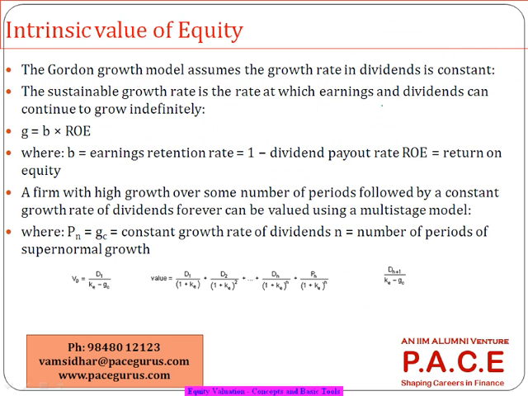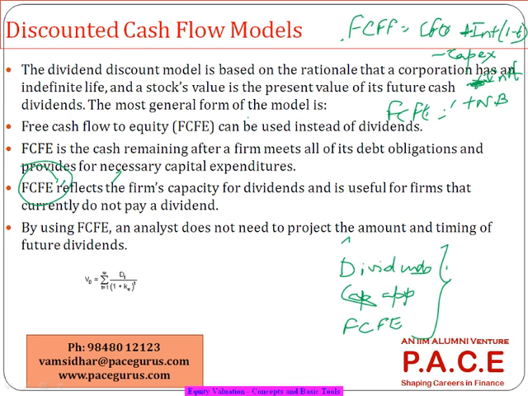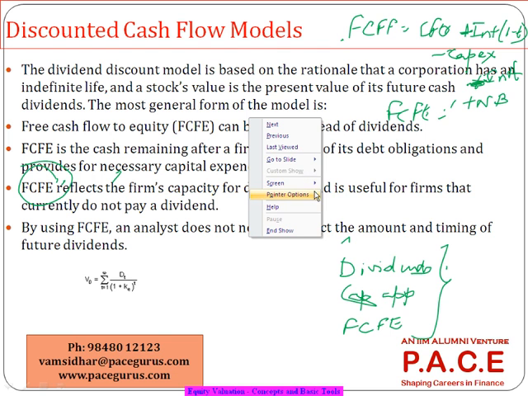Typically speaking, what should be the present value? Let's say a company is saying that we will declare a dividend D every year, or you are able to make out that the company has been declaring only D as a dividend for quite a few years.